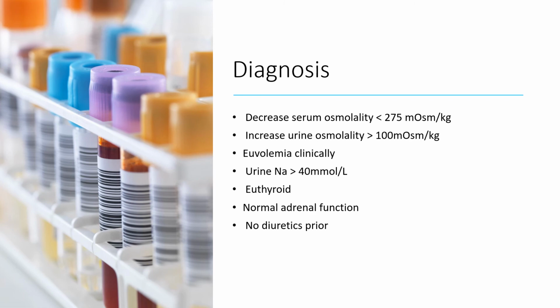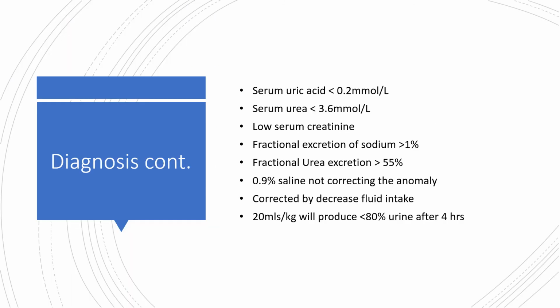But you are not done yet. You check your serum uric acid level, and it's going to be less than 0.2 millimoles per liter. The urea is going to be less than 3.6 millimoles per liter, because that is not the cause of the problem, right? Serum creatinine will be low.